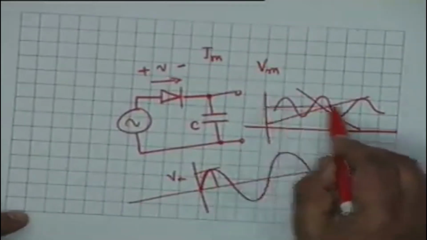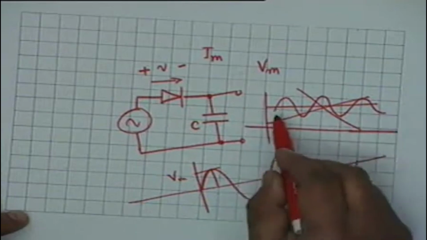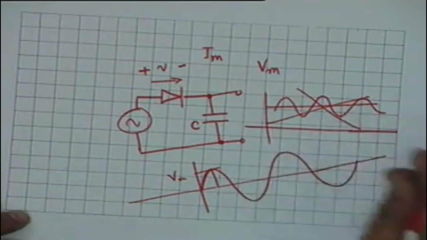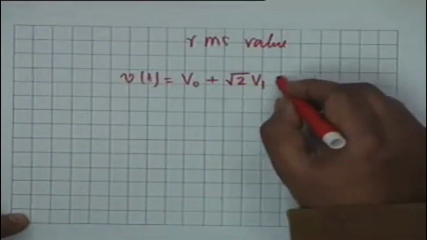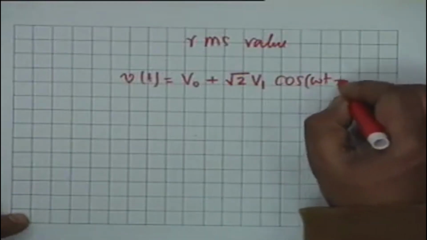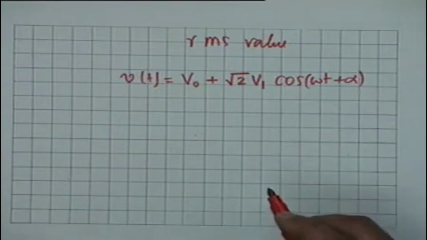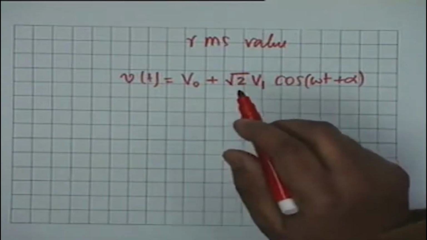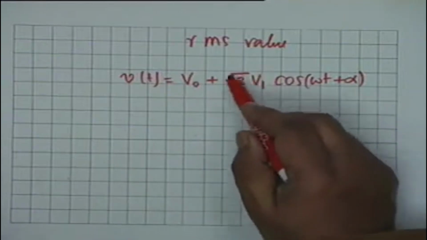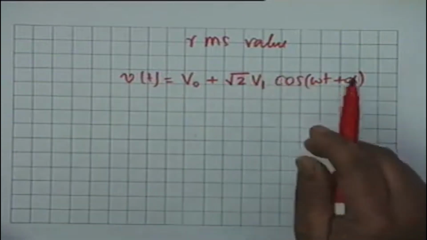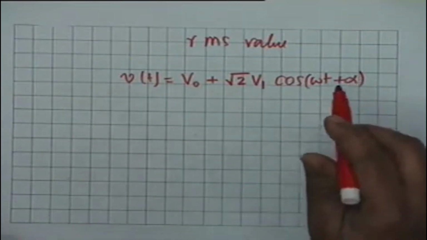It is a mixture of a DC and an AC, alright. The two are combined, root 2 V1 cosine of omega t plus alpha, alright. So we have a DC voltage which is V0 and an AC voltage whose peak value is root 2 V1, and therefore its RMS value is V1.